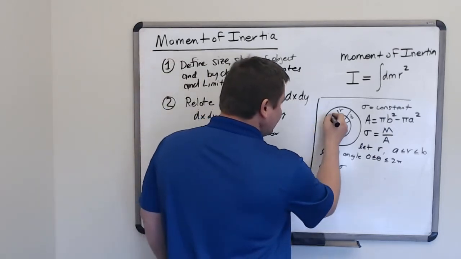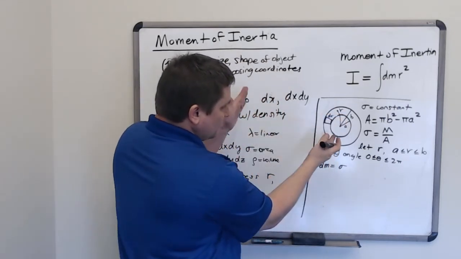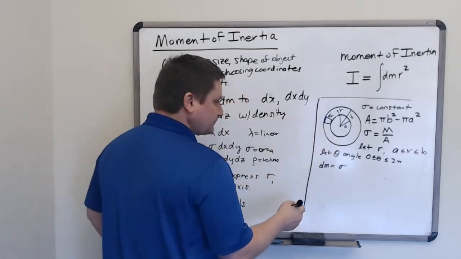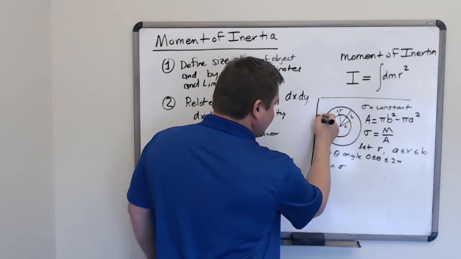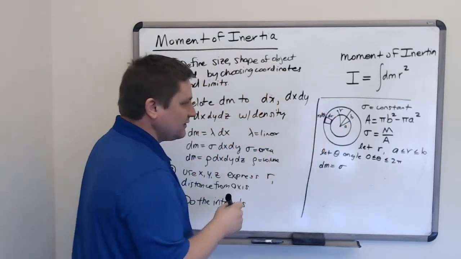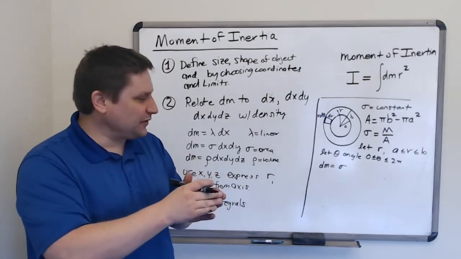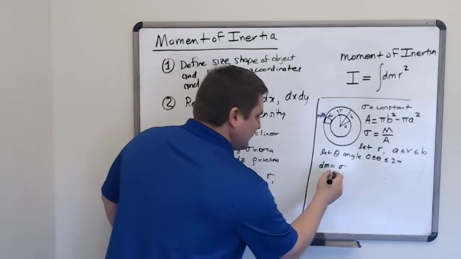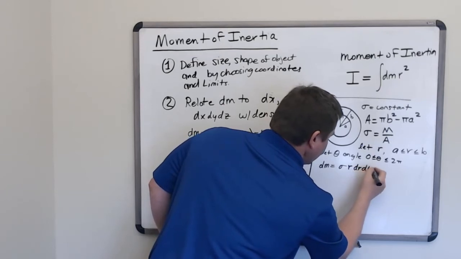So if I look at a small element of volume here, this square, its width is equal to dr, and its height is equal to r d theta. So a given angle difference produces a larger width at a farther radius away. So my area element here is r dr d theta.